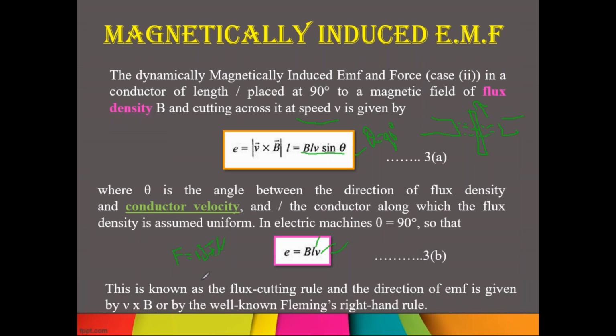So when the conductor cuts the magnetic flux, it carries some current, and that current determines the force on the conductor, and the direction is given by Fleming's right hand rule. Just see here.